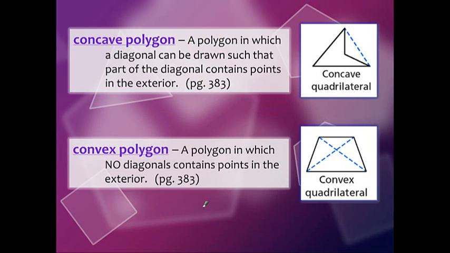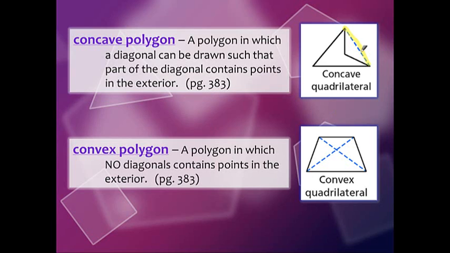One more classification we use is whether it's concave or convex. A concave polygon is a polygon in which a diagonal can be drawn, and part of that diagonal is in the exterior of the polygon. So in this diagram here of a concave quadrilateral, if I can draw a diagonal and any part of it is in the exterior or outside the figure, then it's called concave.